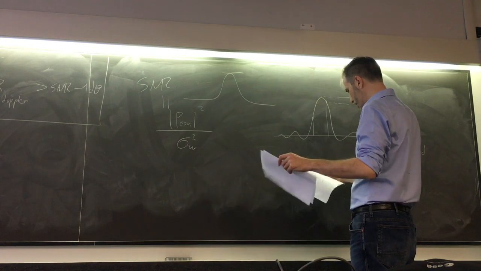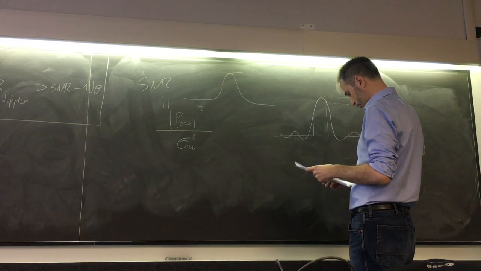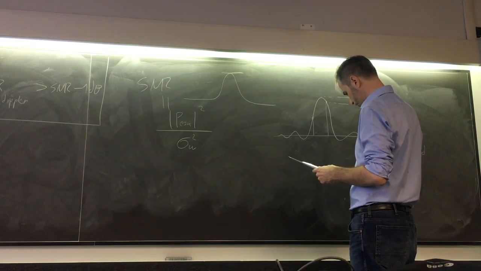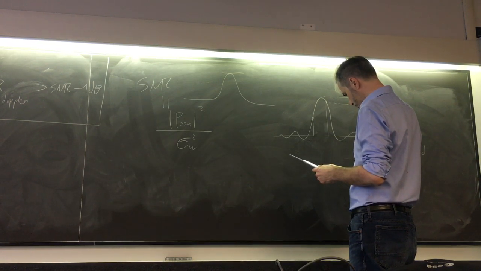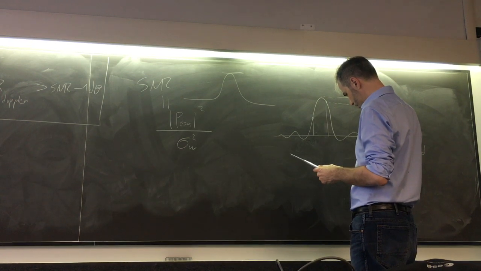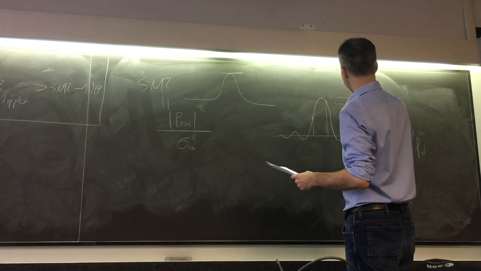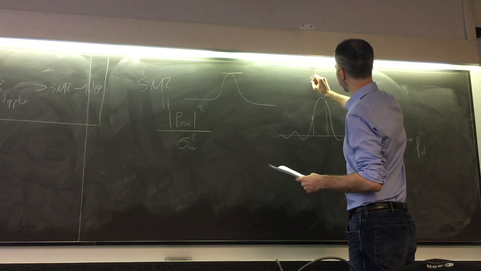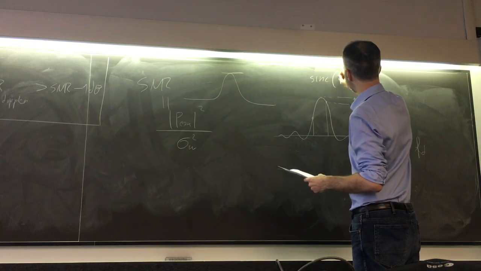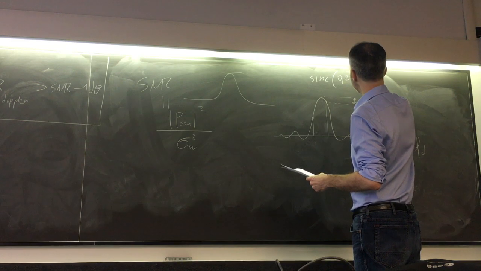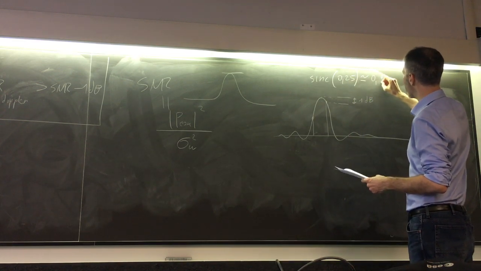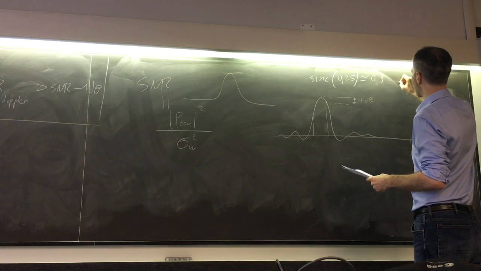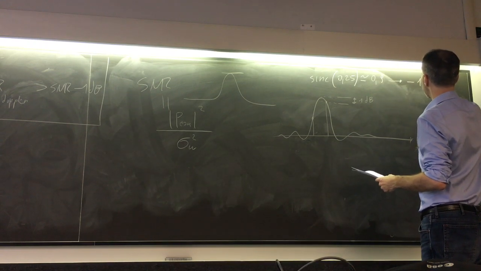Now, 1 dB is something that I checked with MATLAB. So this is the cardinal sine. The cardinal sine of 0.25 is equal more or less to 0.9, and this is more or less minus 1 dB.